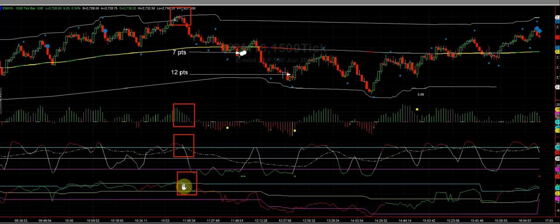We also see the short-term trend angling down and sloping away from the upper bound. So we have strong indications here that confirm our trade.